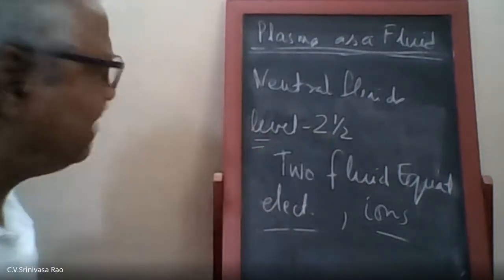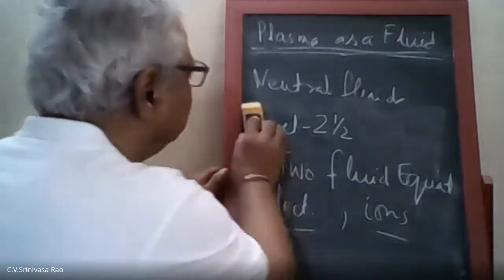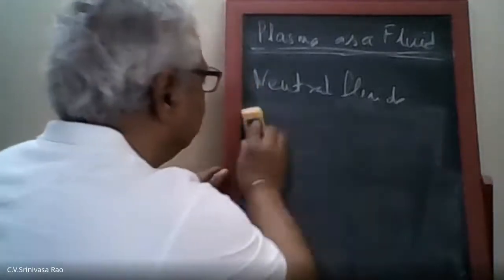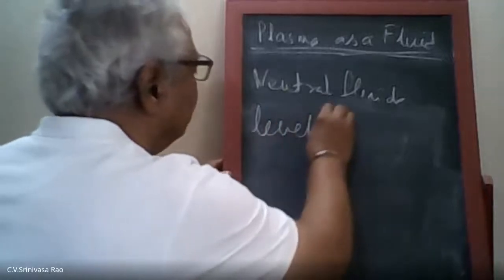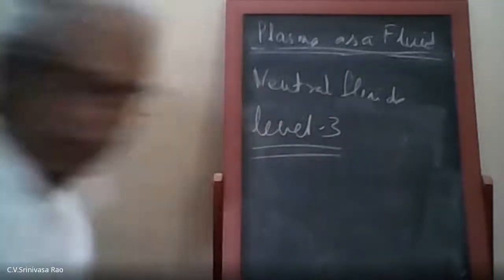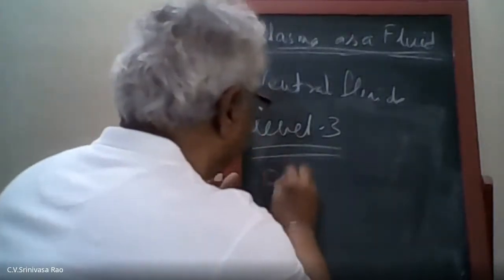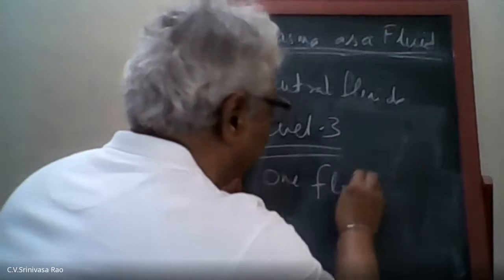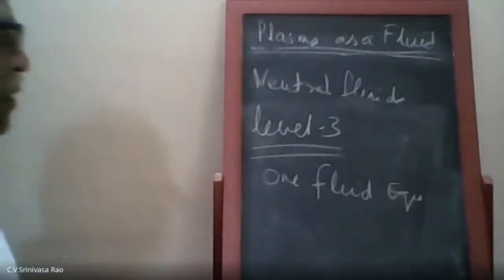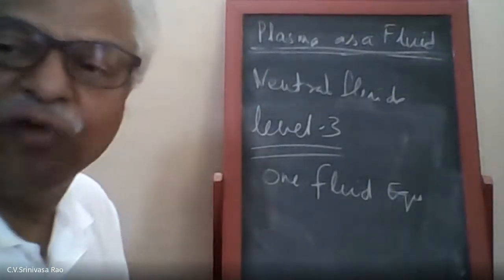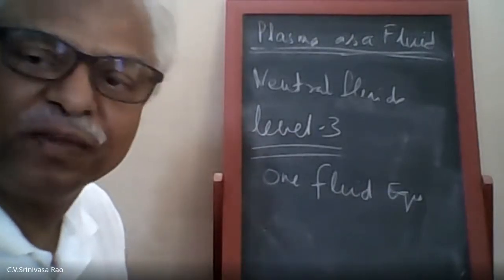After this, you have got a level 3. We'll see what this level 3 is. So level 3 is basically a one fluid equation. So here you don't have an electron fluid and ion fluid separately. So what you have is just one fluid.